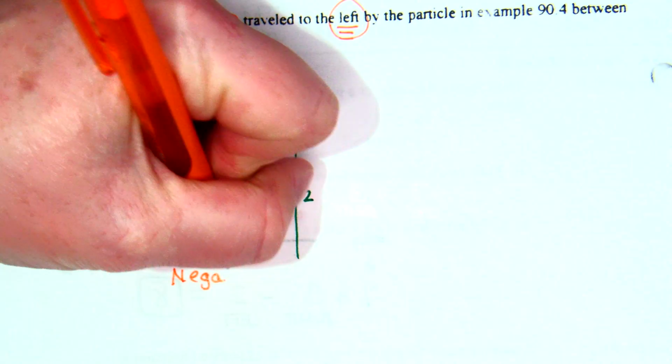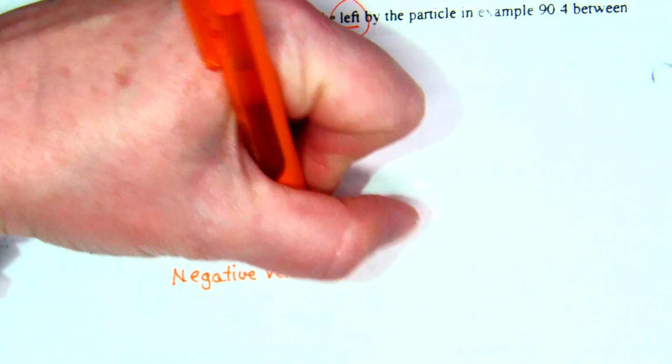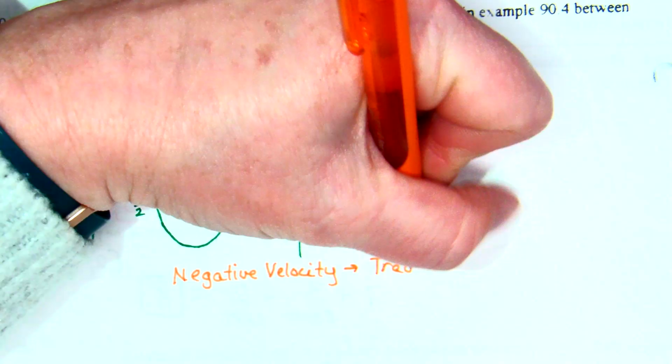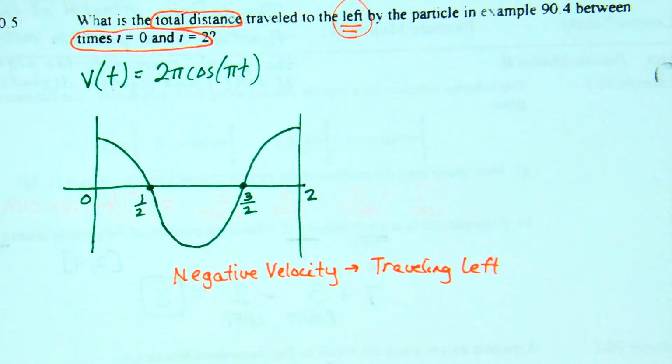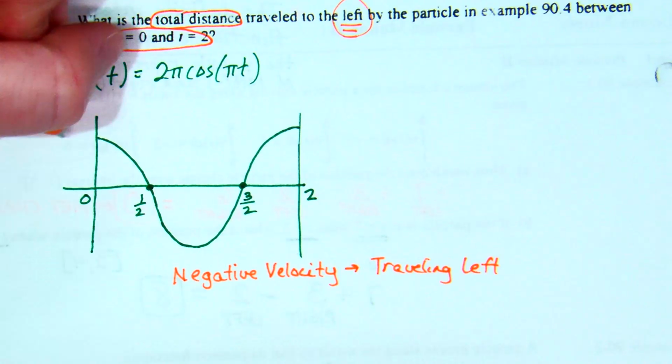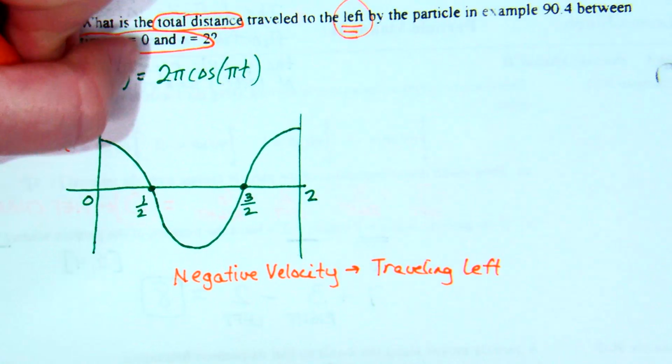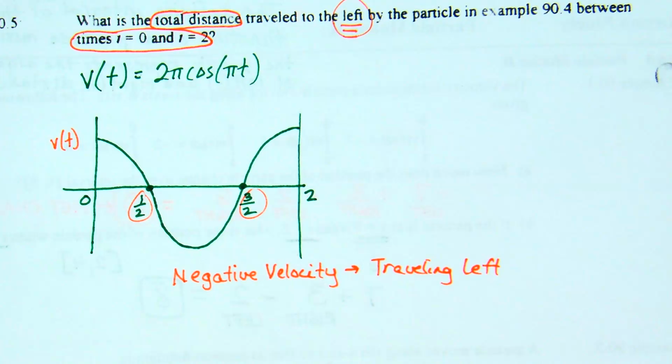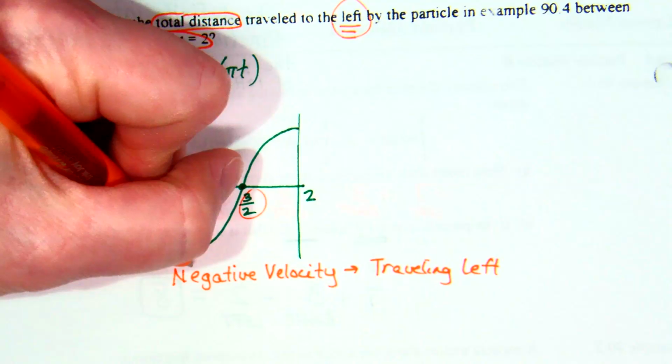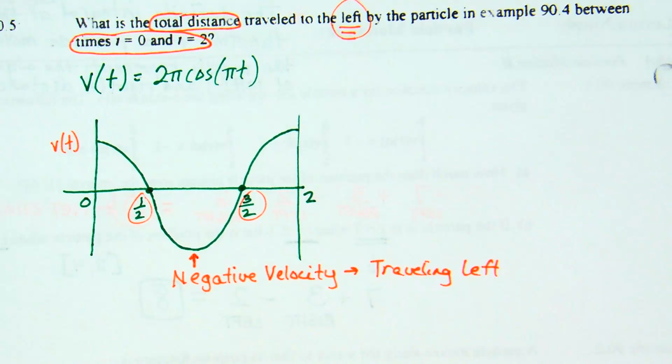I was told that it travels left when the velocity is negative. And so where is this velocity negative here? Yeah, between 1/2 to 3/2. Now, so we know that the velocity is negative between 1/2 and 3/2.